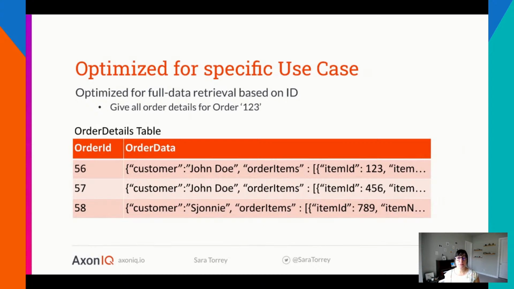So you just focus on that one order ID. In addition to that, the order is intended for the UI. So as you can see in this example, you would just have a table containing an ID, or several IDs for that matter, and the complete projections. This is obviously optimized for full data retrieval based on a single identifier. The heavy lifting, so to speak, would now happen when creating this projection, but when queried for, the response can be sent back quickly.